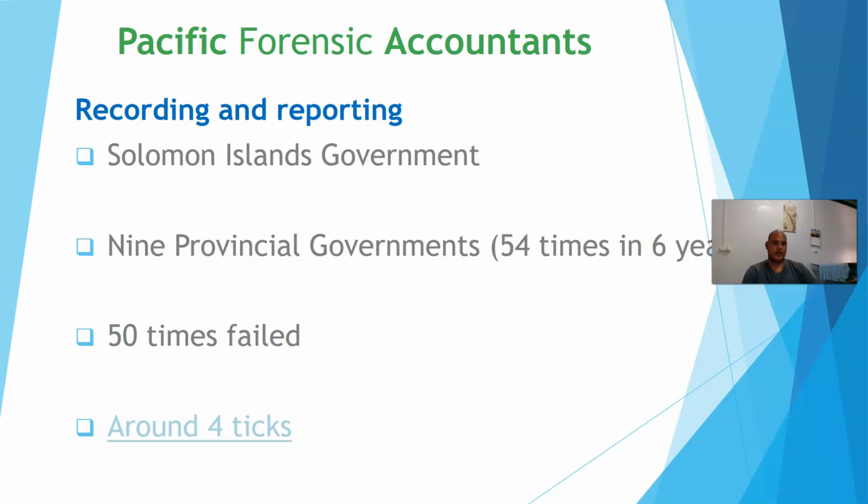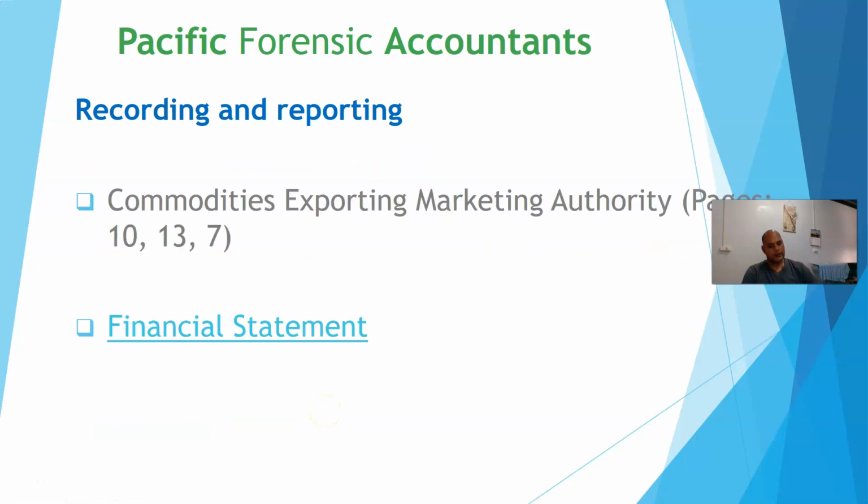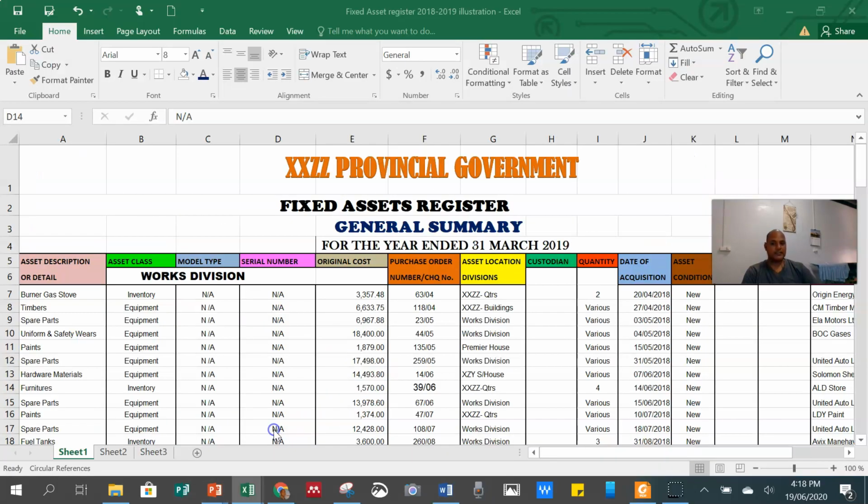And so I was able to provide them with a good mark when I did my consulting with that. I think it was 3 provinces, for only about 1 year, but in the following years they failed by not updating their fixed assets. So only one province has been able to be issued a good mark for the fixed asset register.